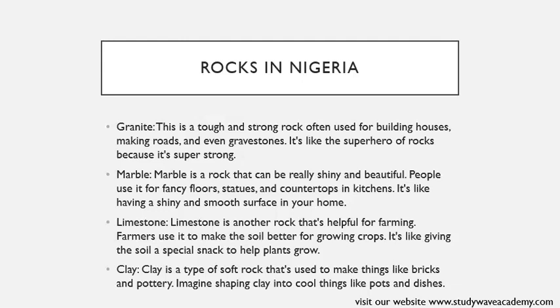These rocks help in building things, making places nice, and growing crops. So these are rocks in Nigeria. Okay? There are rocks in Nigeria: granite, marble, limestone, and clay. Do we understand?